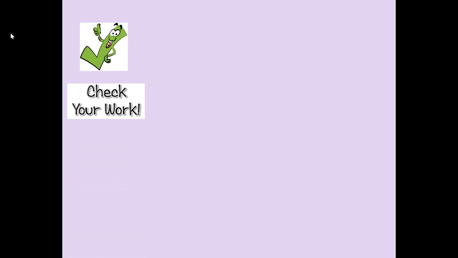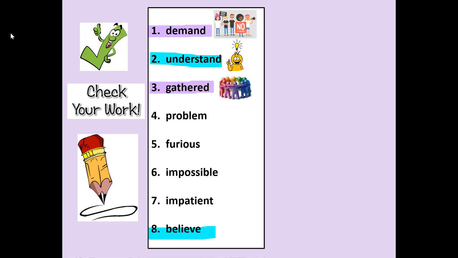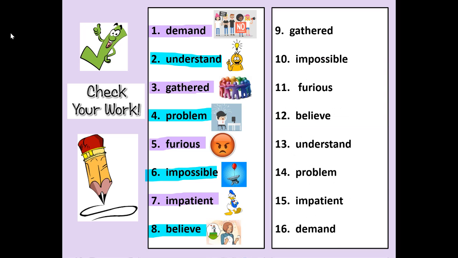All right, time to check your work. Number 1, demand. Number 2, understand. Number 3, gathered. Number 4, problem. Number 5, furious. Number 6, impossible. Number 7, impatient. Number 8, believe. Number 9, gathered. Number 10, impossible.